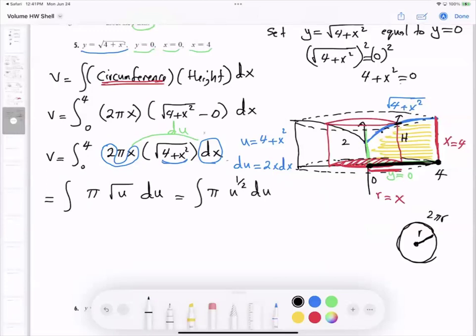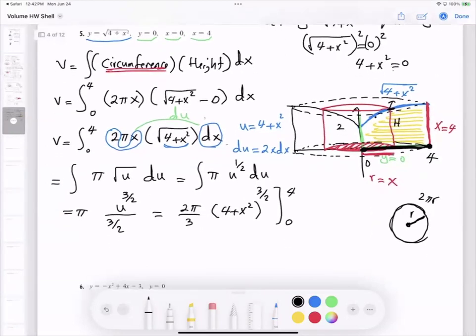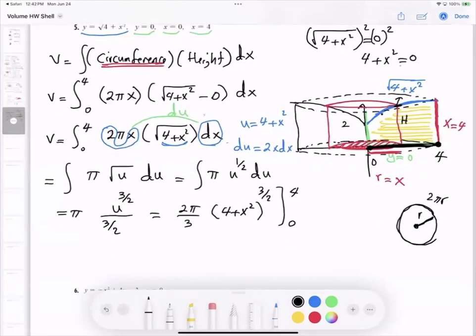You can leave it in u form, but make sure to change the boundaries. Otherwise, you can just take the integral and write it in x and then plug in x values. You have pi times u to the power 3 halves divided by 3 halves, or 2 pi over 3 times u, which is 4 plus x squared to the power 3 halves, as x ranges between 0 and 4. And then you can just plug in 4, plug in 0, and do the computation.